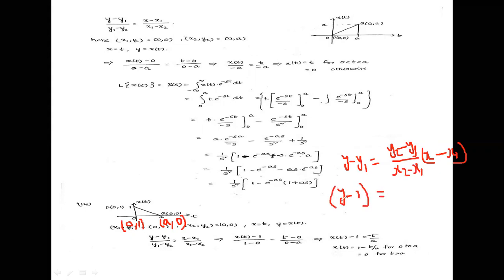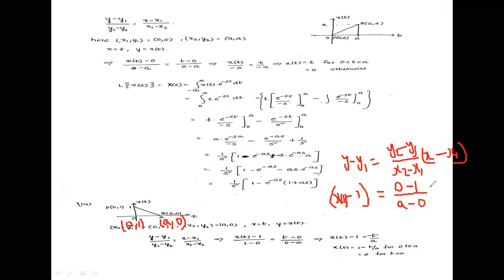Is equal to, what is the y here? Y is nothing but x of t. Directly you can write this x of t. X of t minus 1. Y2 is nothing but the 0. 0 minus y1 is 1. And x2 is a.